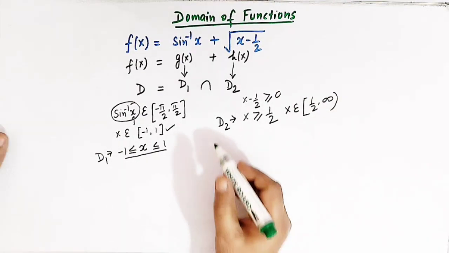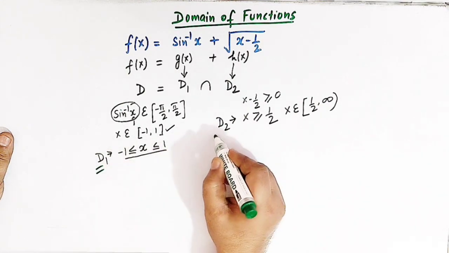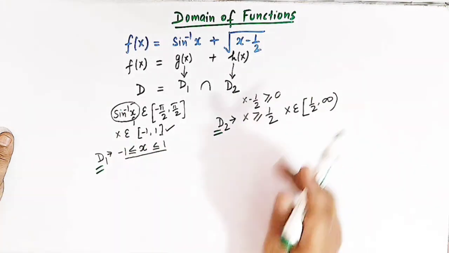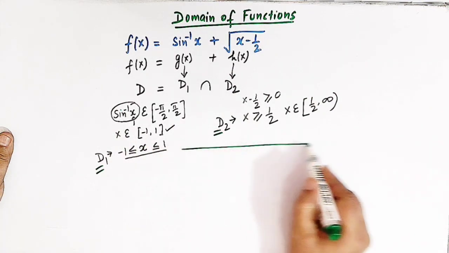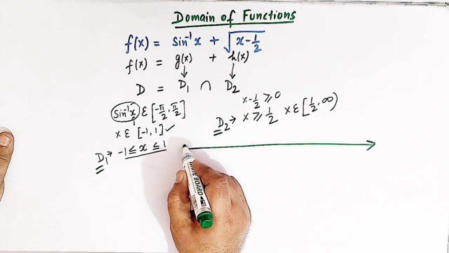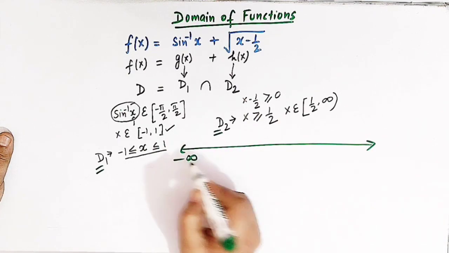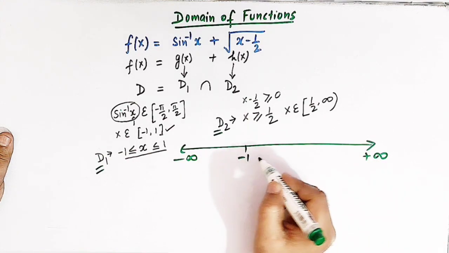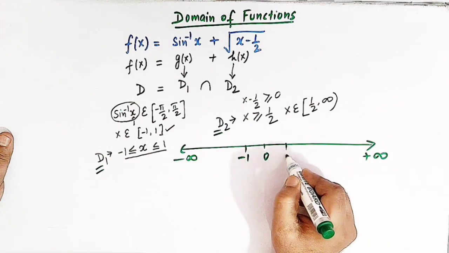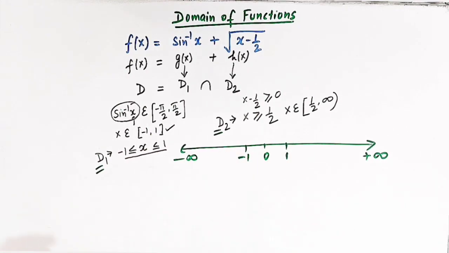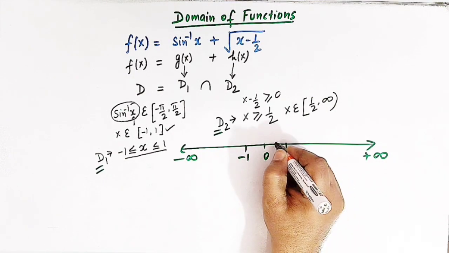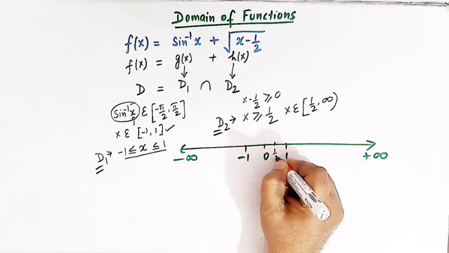Once we get the domains D1 and D2, the next step is to represent these domains on the real number line. Let us take this real number line. Here we have minus infinity, here plus infinity, here minus 1, then 0 and 1. And 1 over 2, that is half, lies between 0 and 1, so here we have half.